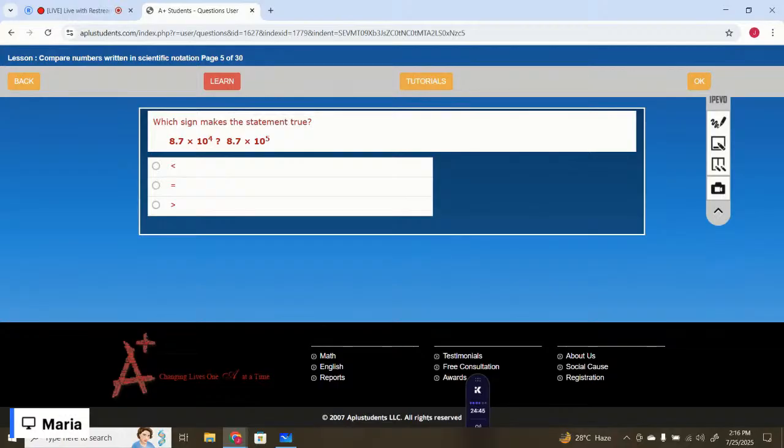Next, 8.7 times 10 exponent 4 and 8.7 times 10 exponent 5. So 8.7 times 10 exponent 4 is less than 8.7 times 10 exponent 5.